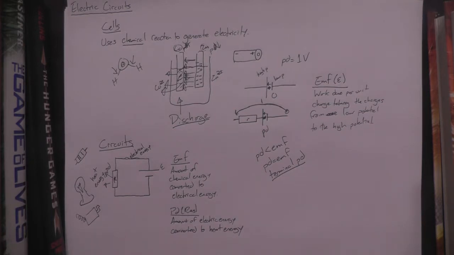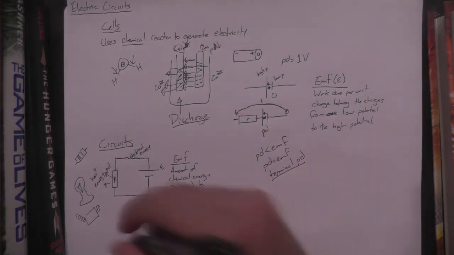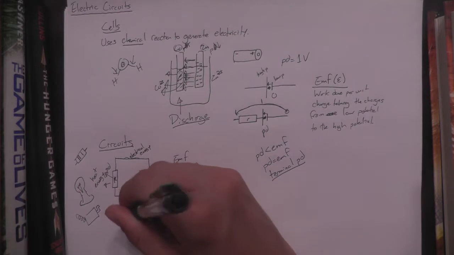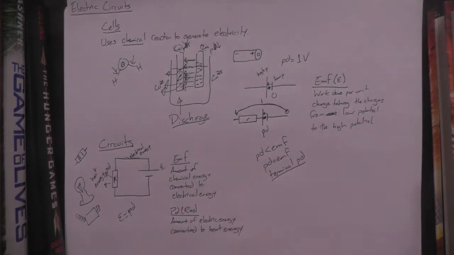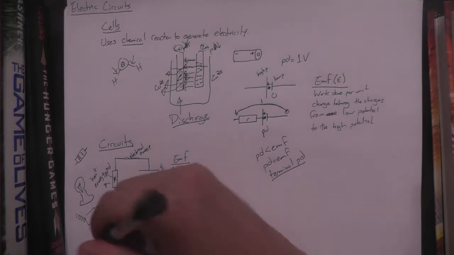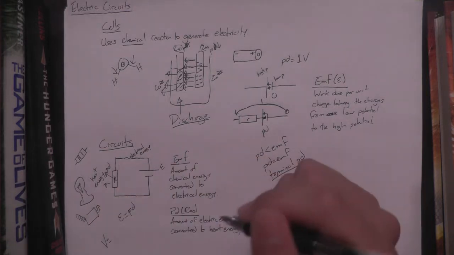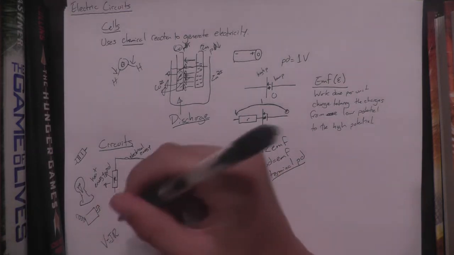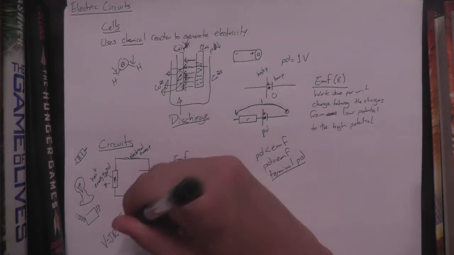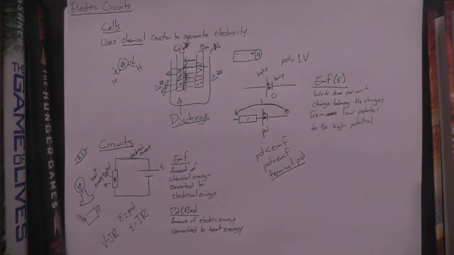And because of the law of conservation of energy, in this simple circuit, the EMF is going to equal the potential difference of that one resistor. And because we know Ohm's law, potential difference equals current times resistance, then the EMF is also going to equal current times resistance, which is an easy way to calculate the cell.